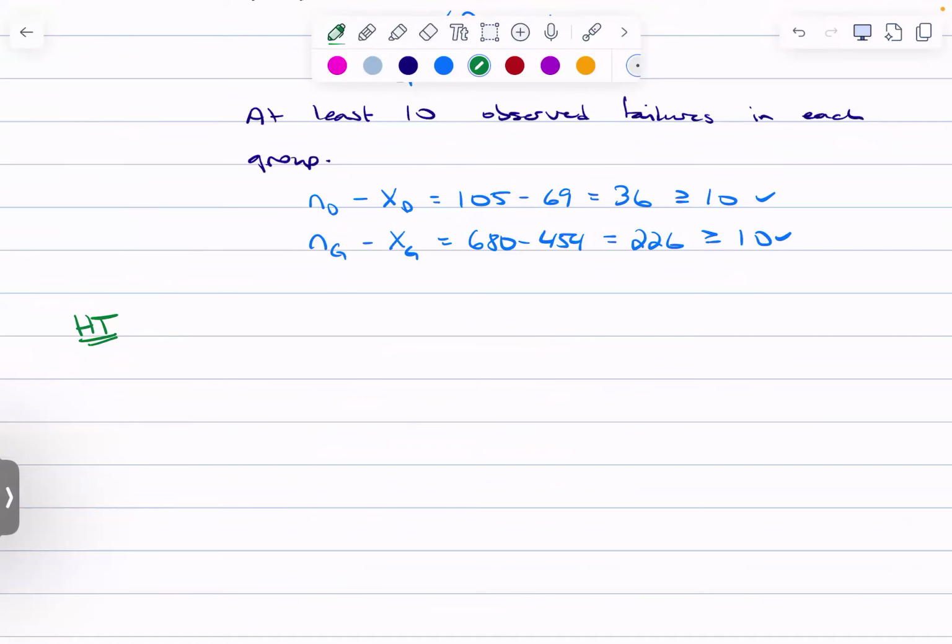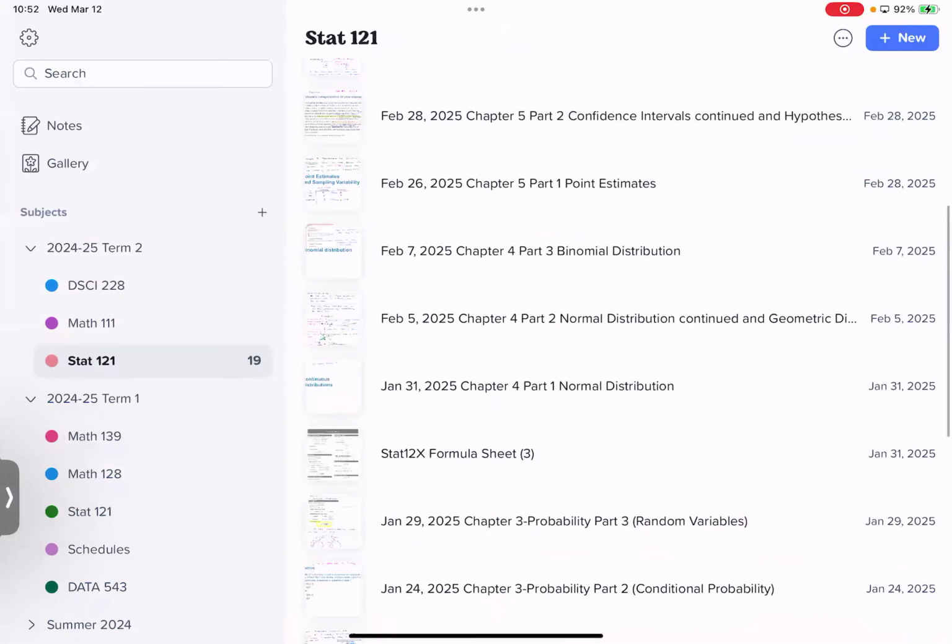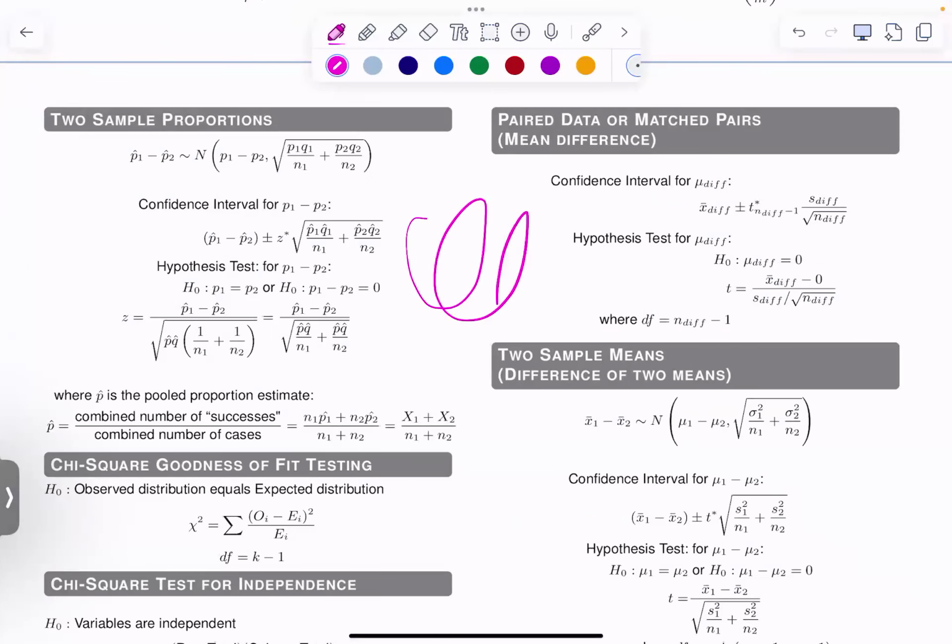For the hypothesis test, we need at least 10 expected successes and failures, and that requires your pooled proportion. So we need to find the pooled proportion. Now from your formula sheet, you've got options.